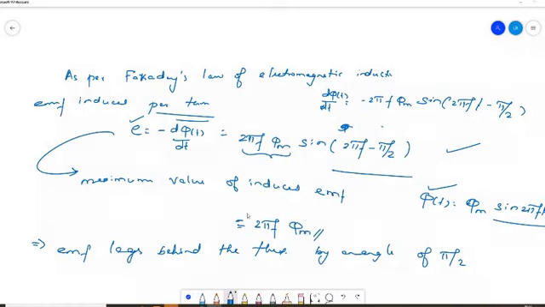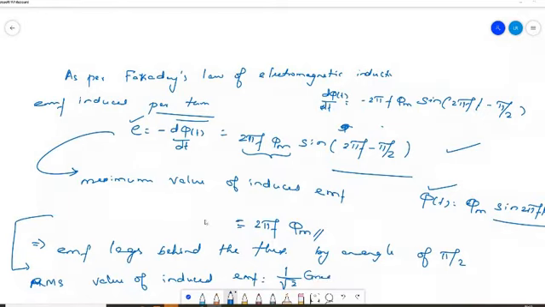From the maximum value, how will you get the RMS value? The root mean square value of the induced EMF will be nothing but 1 by root 2 times E max, let's call it E max.